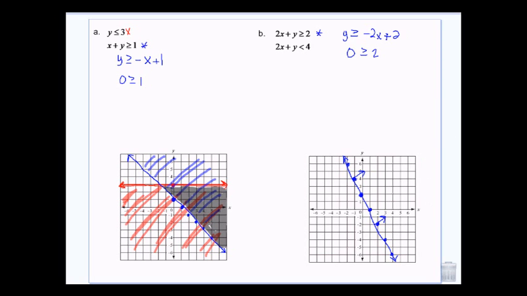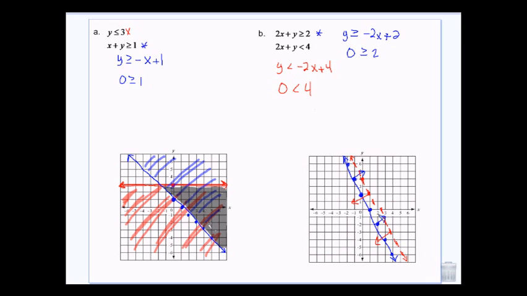And then I'll do the other line. So I start at 4. My slope is the same, except this time it's a dotted line, sorry. Okay, I plug in 0, 0, and I get 0 is less than 4, which is true, which means I'm shading this way.